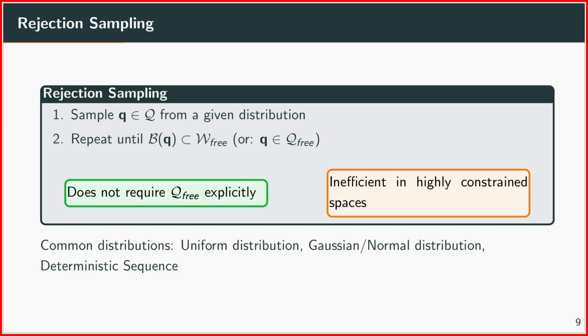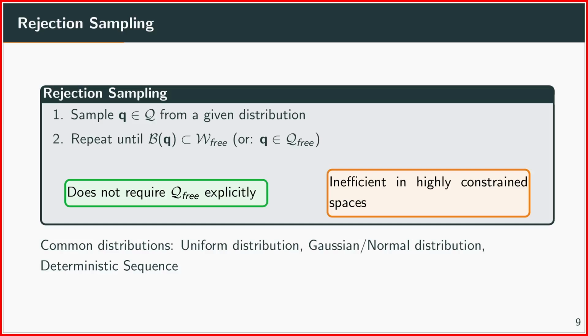We write this here as B of Q, which is the body at the configuration Q. It's a subset of the free workspace. Sometimes you also write this as Q element of Q_free, which is just the free configuration space. So those both are equivalent.